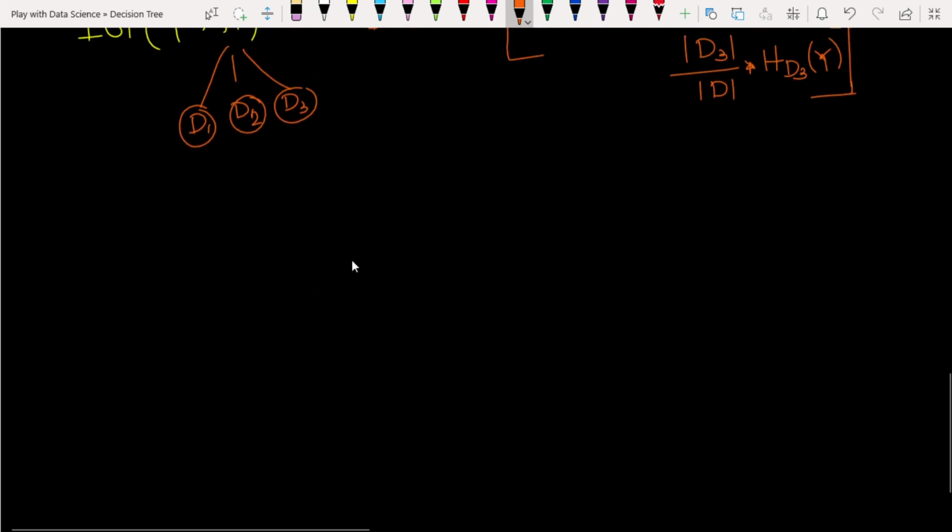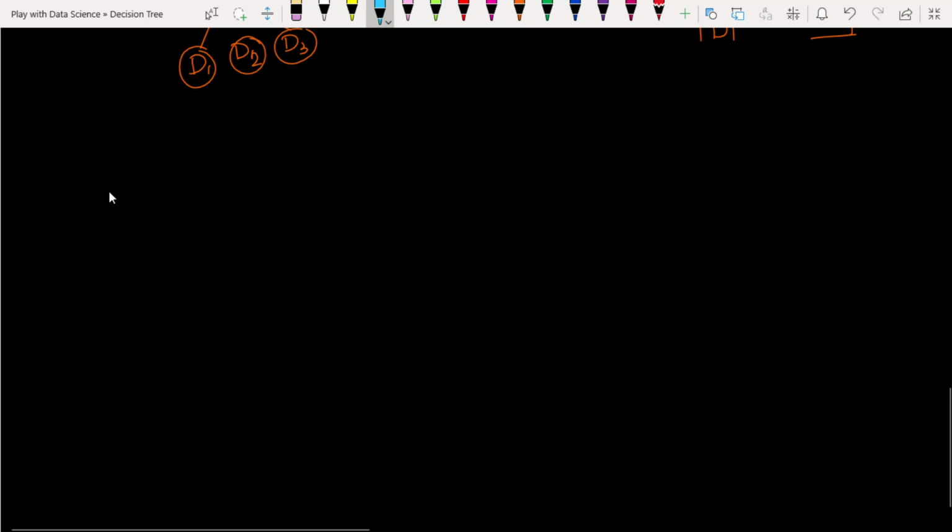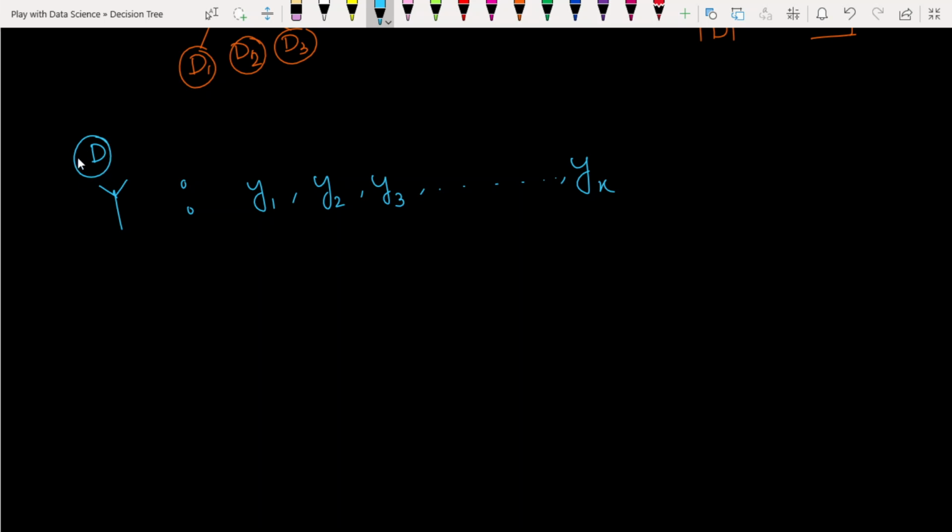Now let's write down its general formula. Suppose we have a random variable y and its categories are k categories, y1, y2, y3 up to yk. The parent node is D, and for y1 we have child node D1, then D2, D3, up to Dk.